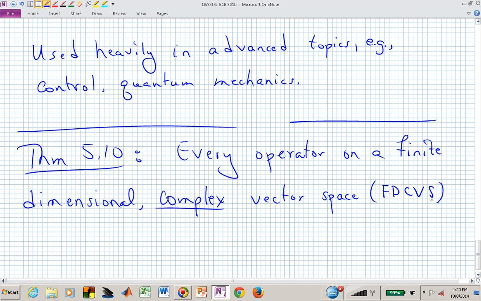We didn't have it preceded by the fire department, but we now have a fire department CVS, or whatever that means.